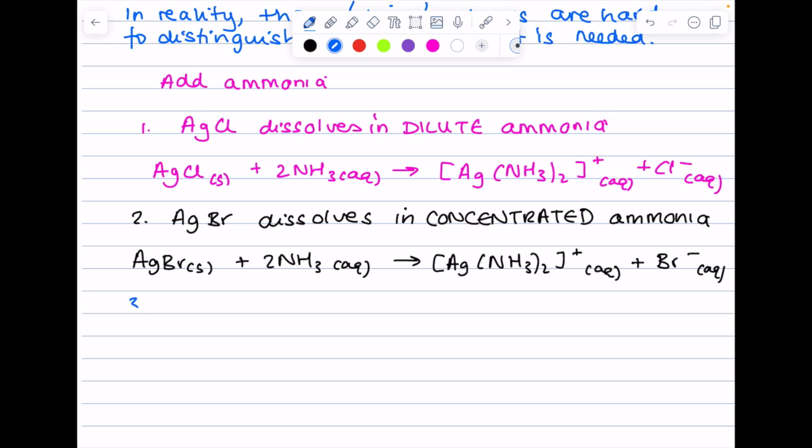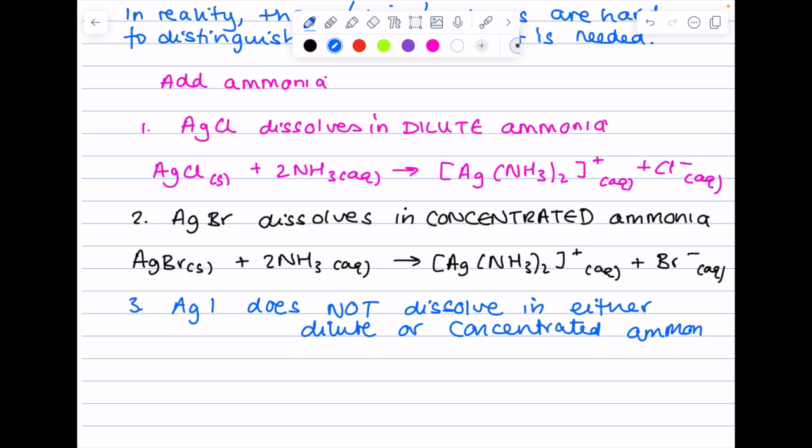And then what really distinguishes the silver iodide is that it doesn't dissolve in either concentrated or dilute ammonia. It is insoluble in both.